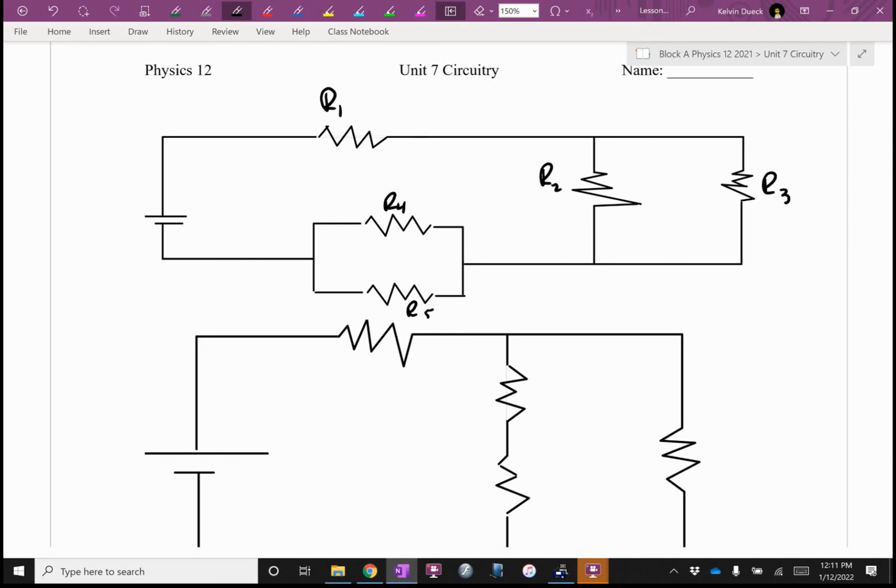I think you're right, but you said it too casually. Tell me one pair of parallel resistors, please. R2 and R3. They're parallel with each other. Also, you said and as though all 4 were parallel with each other, and I don't think you meant that.